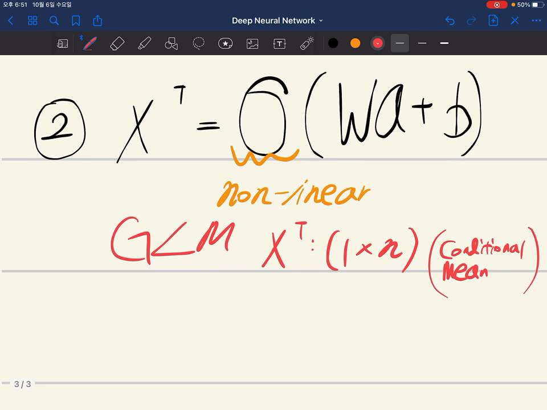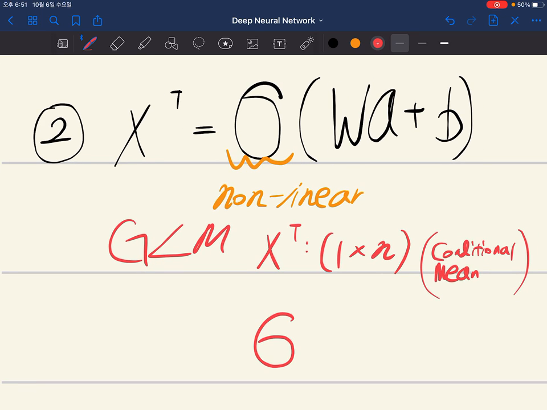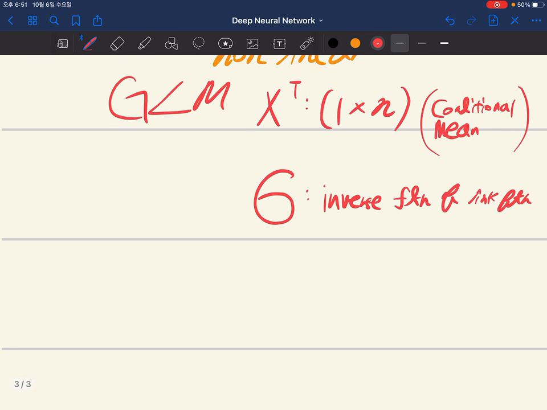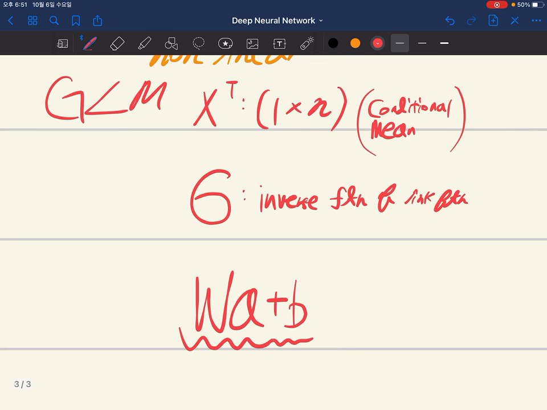And the nonlinear activation function sigma can be understood as the inverse function of the link function that we have learned in GLM in categorical data analysis class. And WA plus B can be understood as a linear predictor.